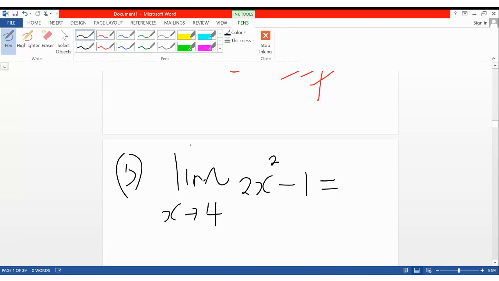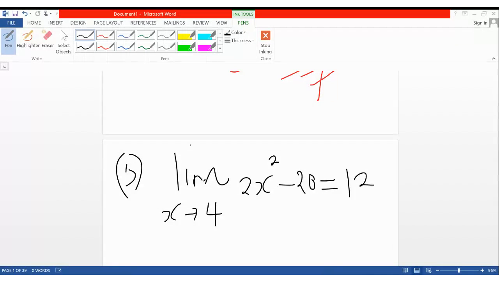It's a big number, so let me reduce this one and have a bigger number there. We can have 2x squared minus 20, that is 16 times 2, 32, minus 20 gives 12. We prove for that one: the limit of 2x squared minus 20 is equal to 12. So again, I'll go back to the definition.